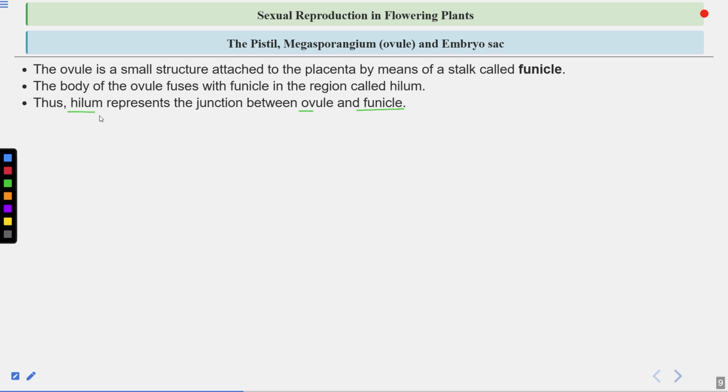It can also be asked, the hilum represents the junction between dash and dash: integuments and funicle, ovule and nucellus. There could be four different options, right? But you must remember the hilum represents the junction between ovule and funicle.